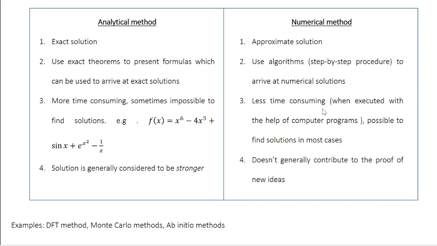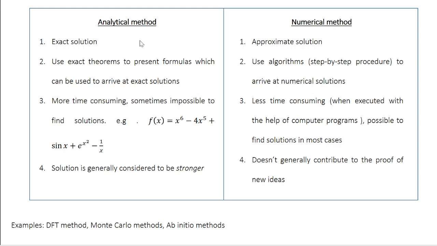So it is less time consuming because we are going to execute numerical methods usually with the help of computer programs. And mostly in all cases, it is possible to find numerical solutions, unlike analytical solutions.